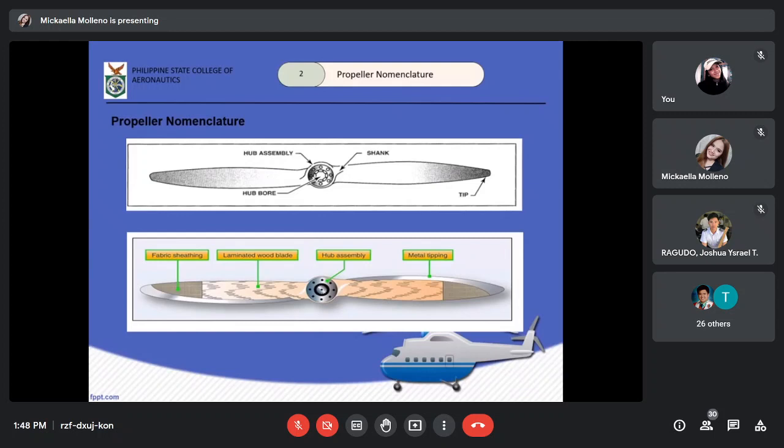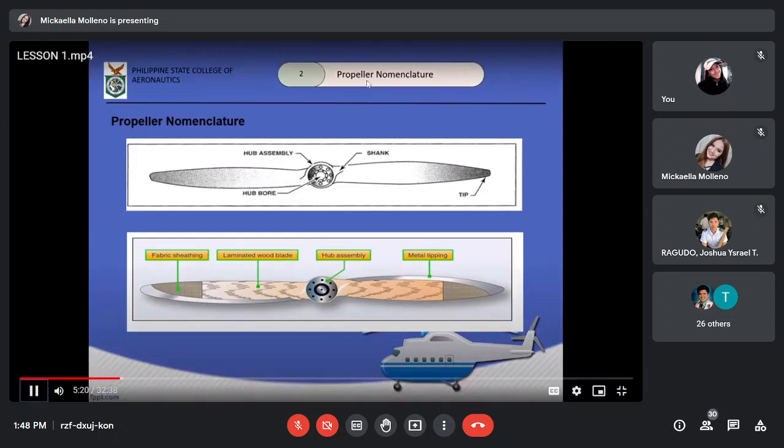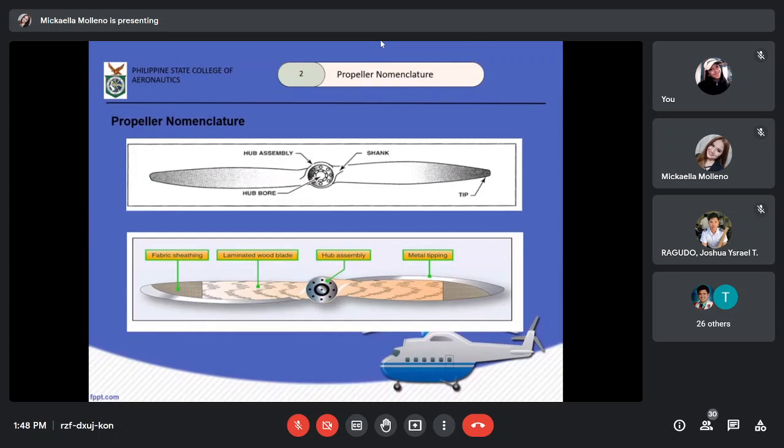The hub pretty much allows the mounting of the propeller to the engine crankshaft or at other cases reduction gear assembly.